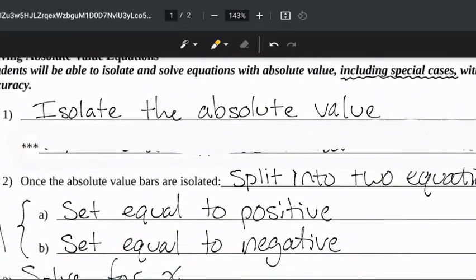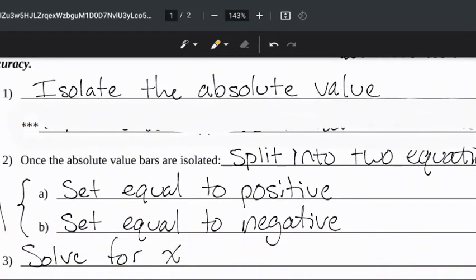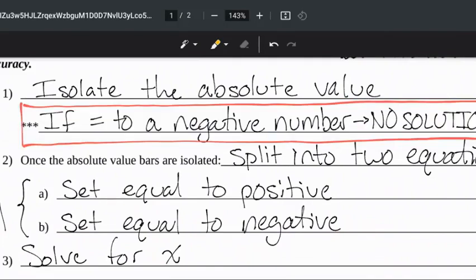First step is the same as yesterday. So we're going to isolate the absolute value. The second thing that we have written here is going to be the special case situation. After we isolate the absolute value, we want to check.